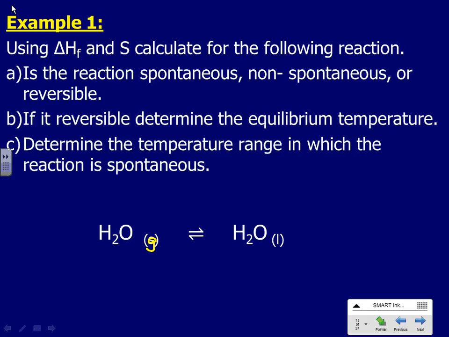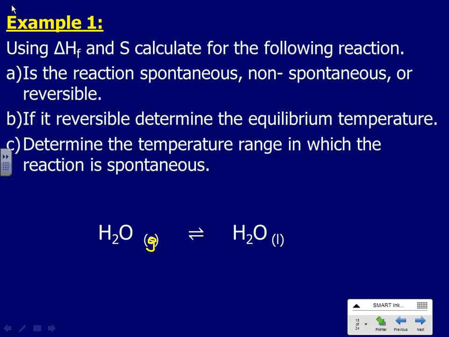I'm going to write another statement about this guy here when T is small. If T is small, then negative T delta S is. You're following me with the logic here? What's it going to be if T is small? It's going to be small.